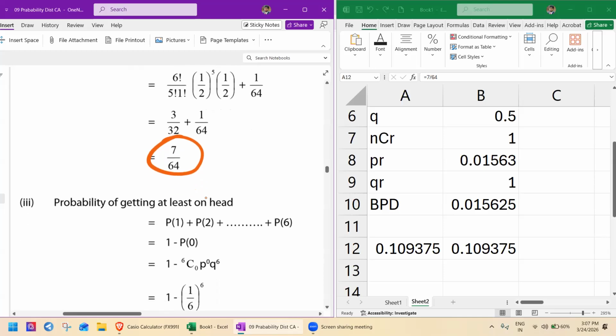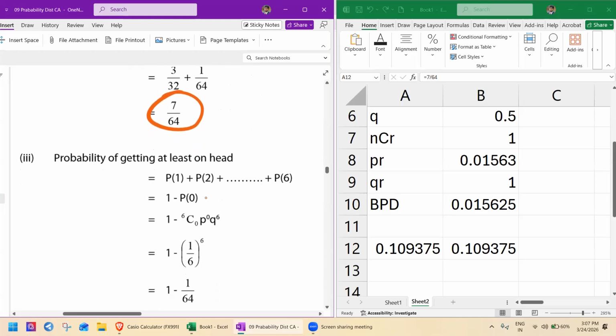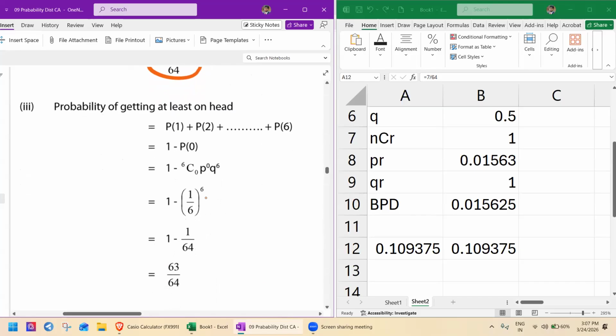I have no license, so I'm doing it in Excel, but you are not allowed to do it in Excel in the examination hall. So I encourage you to use the manual procedure. No matter, you can apply calculator functions, nCr, nPr as well, no issue. And I encourage you to do that.